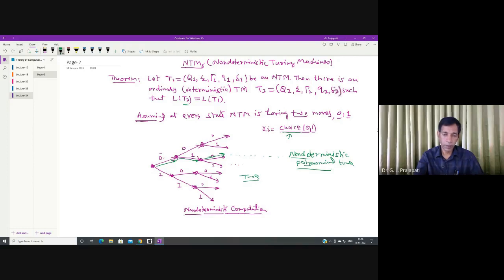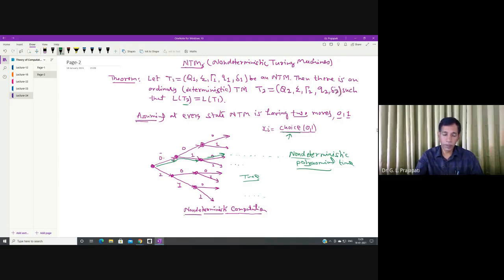Now, searching can be done in depth first manner or in breadth first manner. This tree can be infinite. So if you go for depth first search, then your deterministic Turing machine may loop forever.